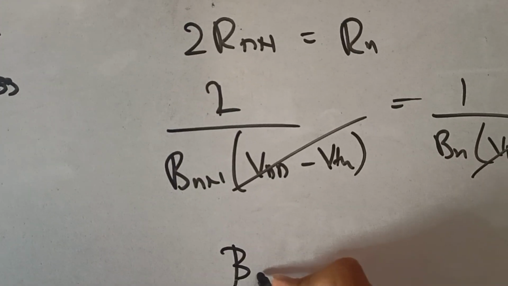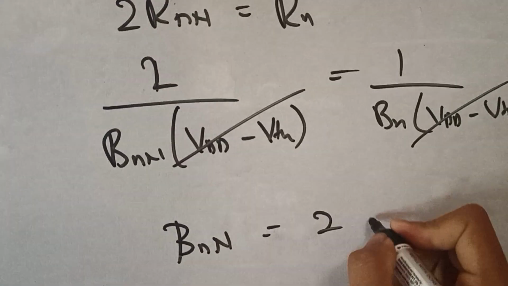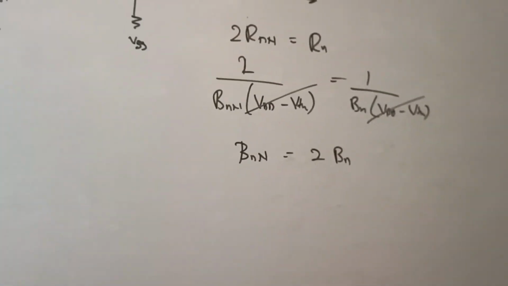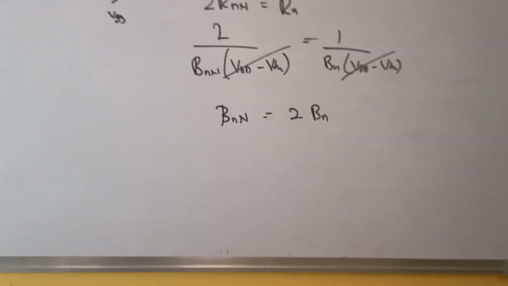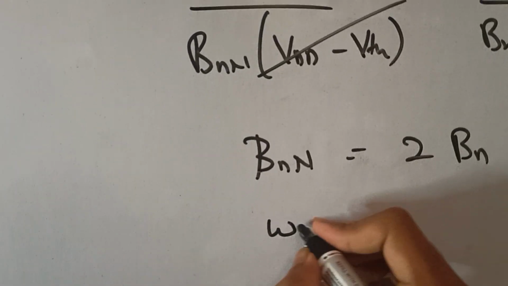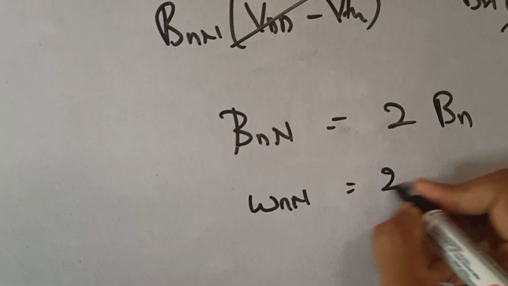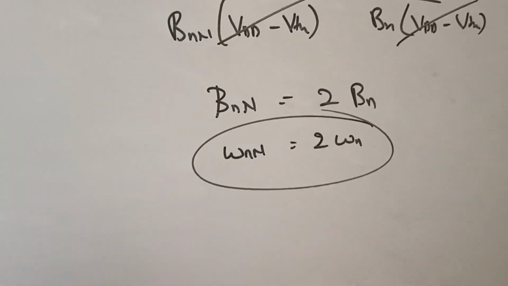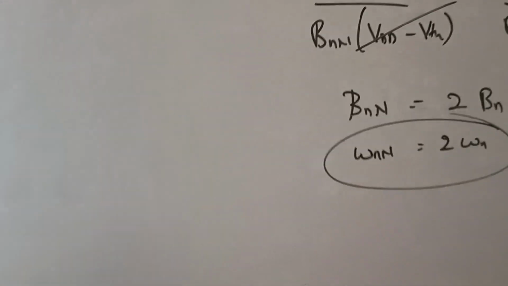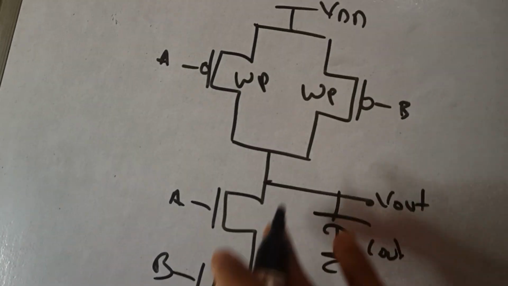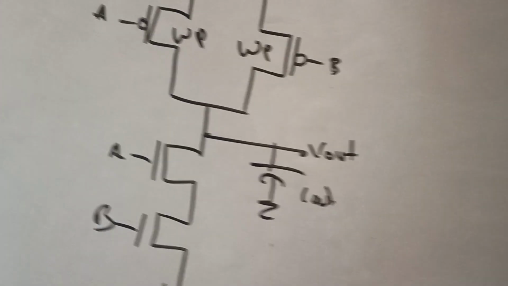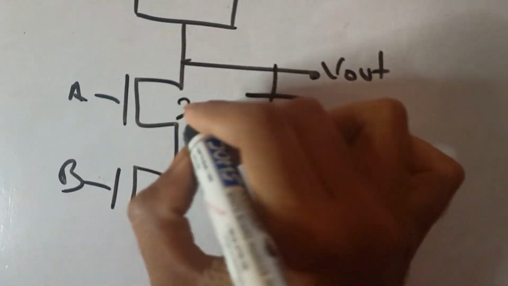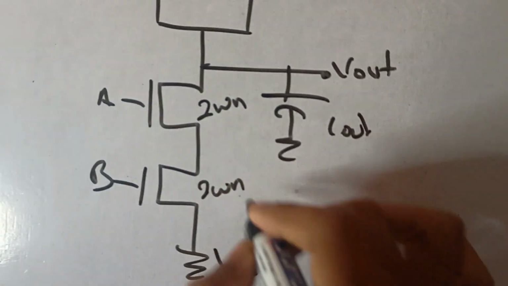We get that beta NN equals 2 beta N. If you substitute the value of beta as Kn dash W by L, then we see that WNN equals 2 times WN. This is the required condition for the N tree. Whatever the width of these two NMOSes is, it must be equal to 2 times the width of the normal inverter. So this would be 2 times WN.